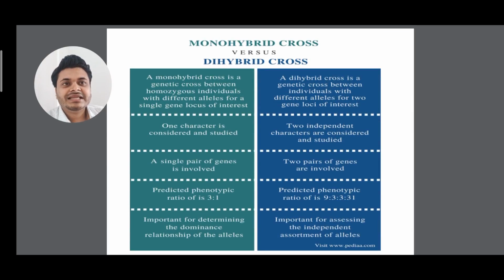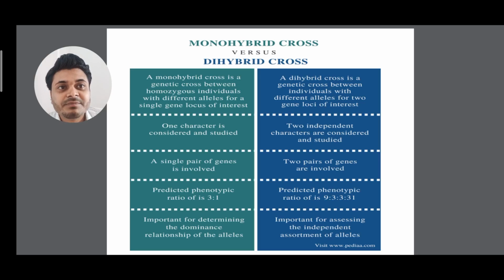Now students, let me tell you the difference between monohybrid and dihybrid cross. First difference: in a monohybrid cross, one character is studied and considered, whereas in a dihybrid cross, two independent characters are considered and studied. A single pair of genes is involved in a monohybrid cross, whereas in a dihybrid cross, two pairs of genes are involved.